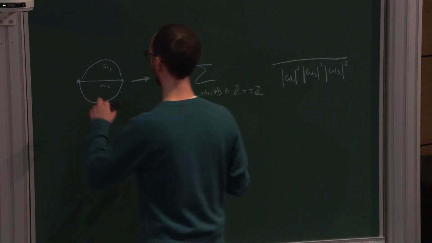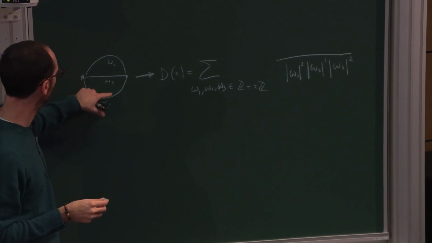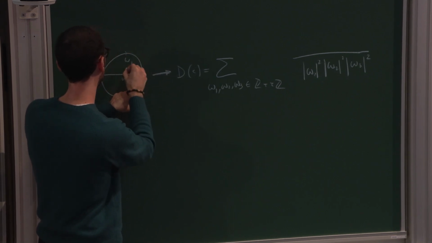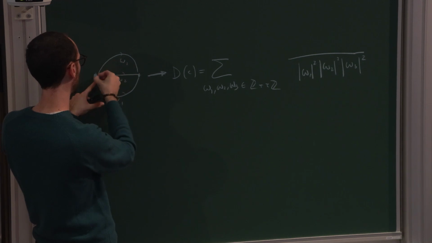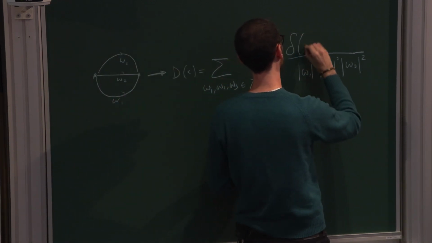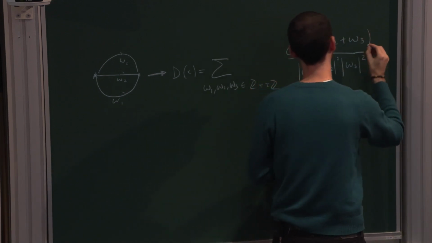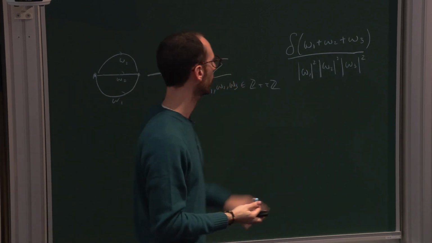But then you want to impose also momentum conservation at the vertices, so you have that omega 1 plus omega 2 plus omega 3 is equal to 0, or minus omega 1 minus omega 2 minus omega 3 is 0, at this vertex. That's just one condition, so let me write it as delta of omega 1 plus omega 2 plus omega 3. So this means omega 3 is minus omega 1 minus omega 2.